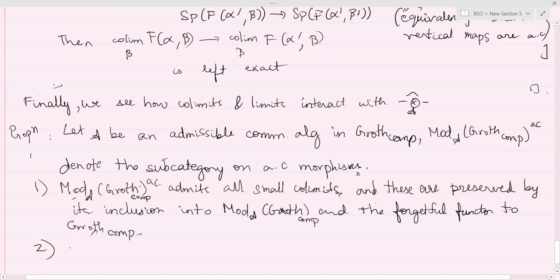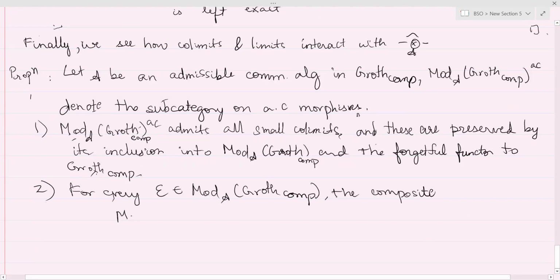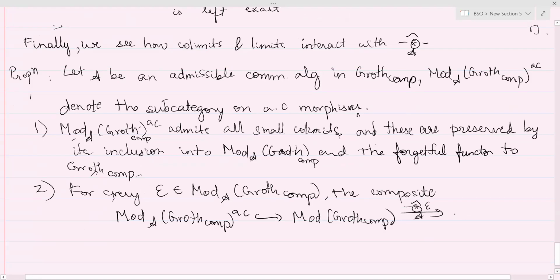So for every E in, composite from, preserves small colimits. Preserves, well, so yeah, colimits.